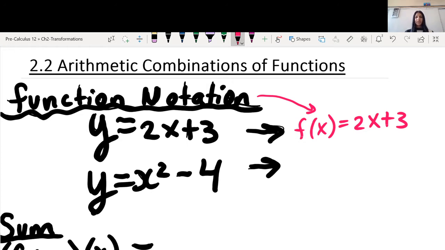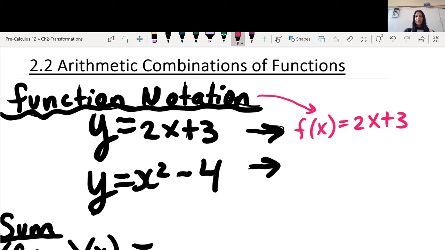Everything else is exactly the same. We just recognize that y can be written, with a little more detail, as f of x, where y is a function of x, or it depends on what we plug in for x.